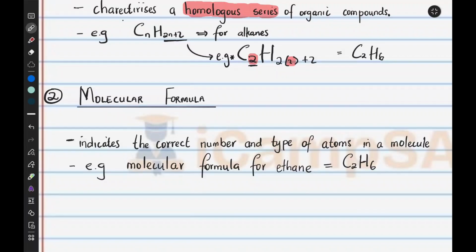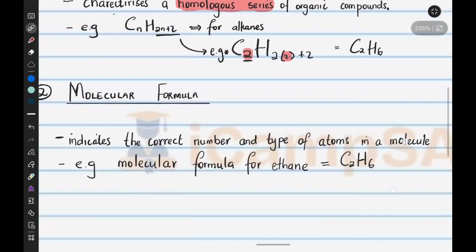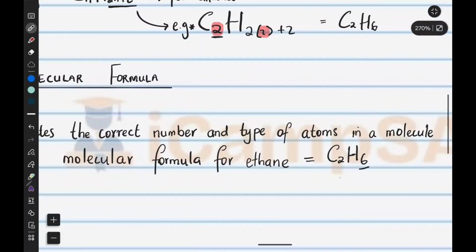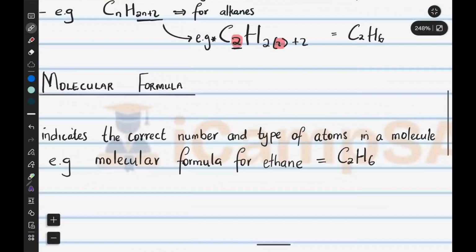We know that we have 6 hydrogen atoms, that's the number of hydrogen atoms, and then we have 2 carbon atoms, that's the number of carbon atoms. The type is we have carbon and hydrogen atoms. So that's what we mean by number and type, right? We have a total of 8 atoms, and that's the number in total. And the type, we have both carbon and hydrogen atoms.